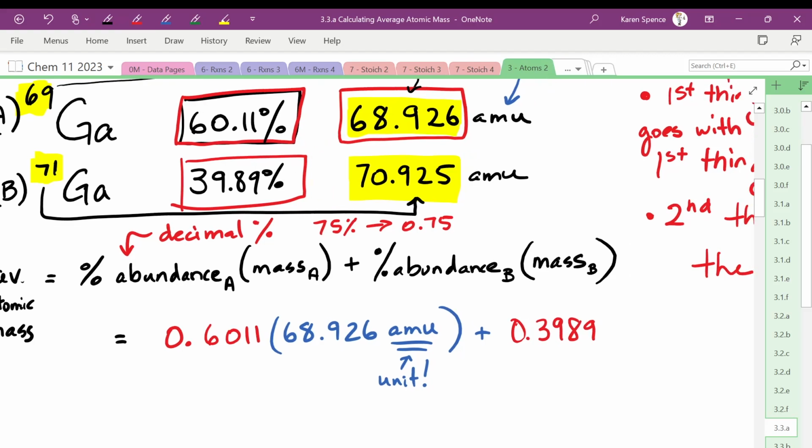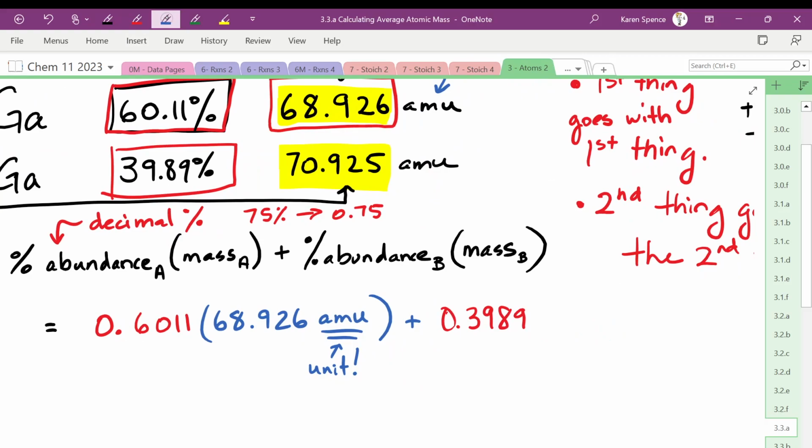And then we're going to multiply that by 70.925. Oh, do I have my calculator here? I do. Yay. Okay, and just because I want to make sure that my sig figs are good, I'm actually going to do these two calculations separately.